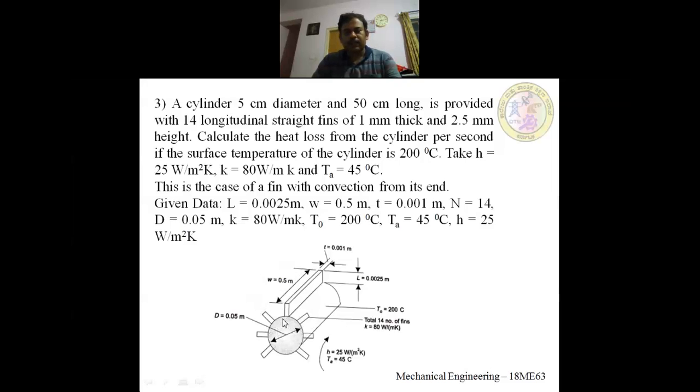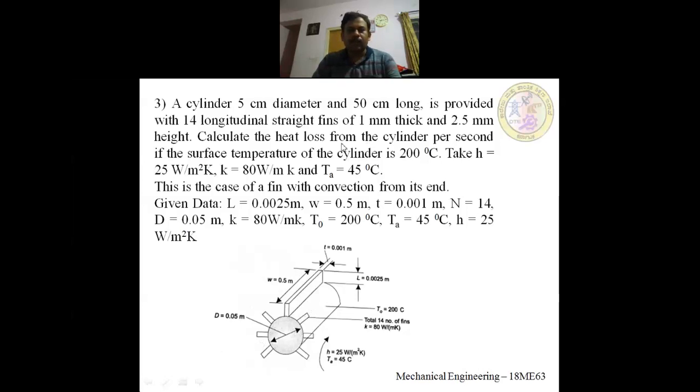So you can see that this is a diameter of 0.05 meter, and the length of the cylinder is 50 centimeter. Around the circumference of this cylinder we have attached 14 fins. Here I have shown the dimension for one fin, and actually only a few fins are drawn, but there are 14 fins.